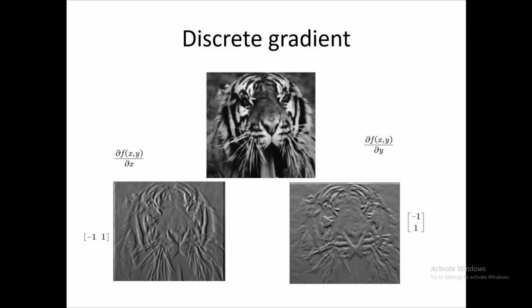We take the derivative along the x-axis, so it detects the changes only along the x direction, which is the same in case of the derivative along the y-axis. And when we take both, then we get this image.